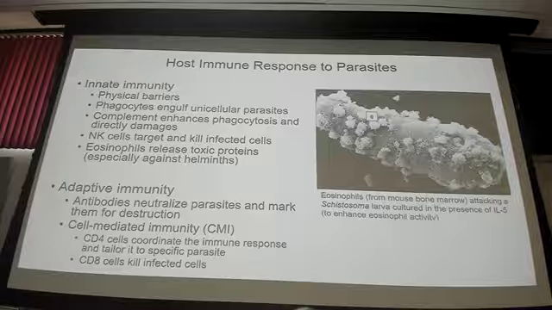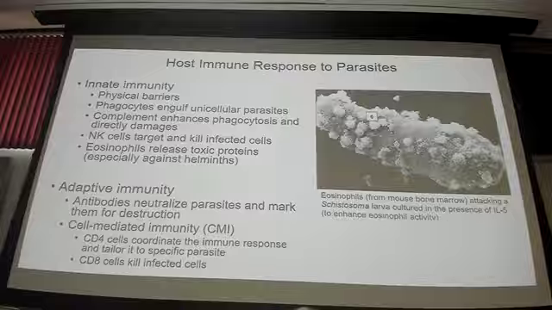IgE was that subclass of antibodies that we talked about that was specific for helminth immune response, so IgE is important as well. Cell-mediated immunity: CD8 cells, as we know, if it's a unicellular infection, will have a direct role. They kill the infected cells. But it's really the CD4 cells that do a lot of the heavy lifting and orchestration, the cytokine release, and the tailoring of the immune response specifically for parasitic infection.